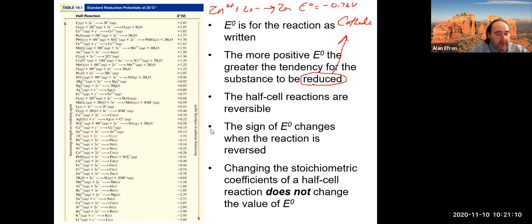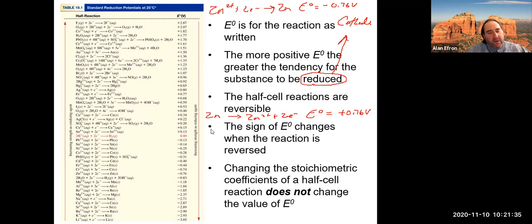Again, if we wanted our oxidation half reaction, we would reverse it. And what that does when we reverse a reaction is we change the sign. So it goes from minus 0.76 to positive 0.76 when we reverse our reaction.